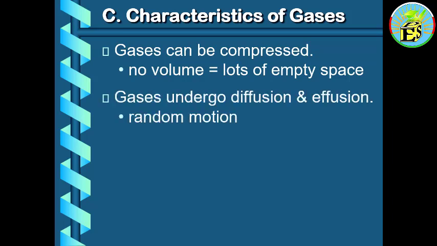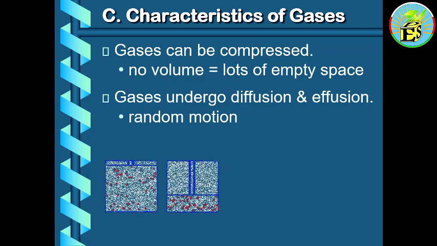Gas undergoes diffusion, effusion, and random motion. Diffusion means it spreads freely, it moves by random motion. Yes, it's called Brownian motion. Moves randomly in all directions.